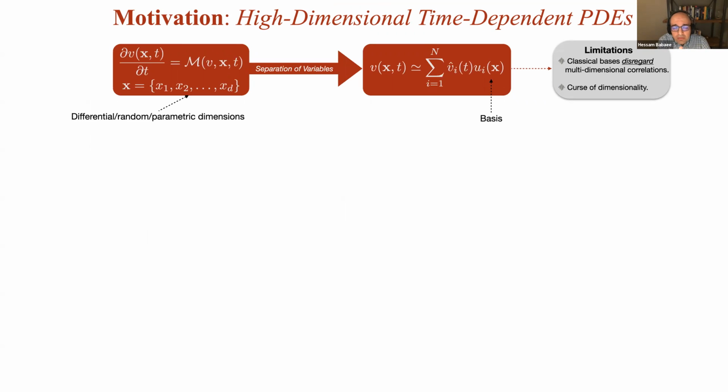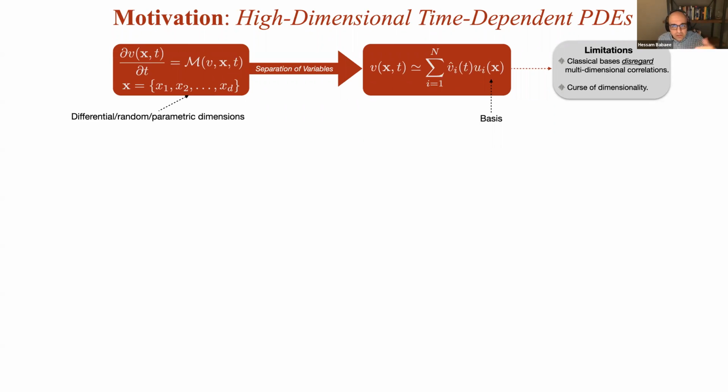We typically write the solution of these PDEs with separation of variables. So we take time out and say this is a time component, and then we choose the basis. And the basis is perhaps the most important decision we make when we do scientific computing. If you look at the spectral methods, finite difference, finite element, finite volume, they all are primarily identified by the choice of basis made in each one of them.